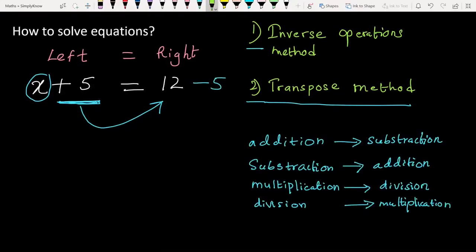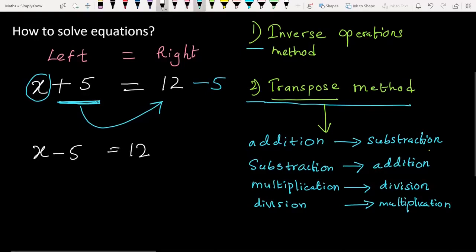So remember, when we transpose a term to the other side, addition becomes subtraction, subtraction becomes addition, multiplication becomes division, and division becomes multiplication. Let's say if you have x minus 5 equals 12. Now what happens? When you transfer minus 5 to the other side, it will become plus 5.